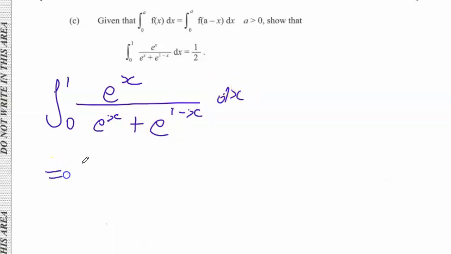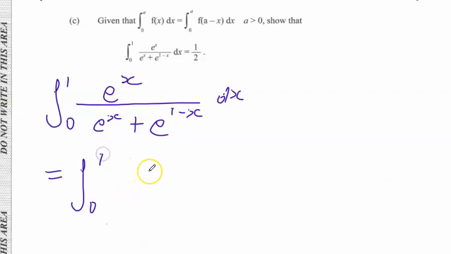Now, what we can do here is replace x with a minus x. What is a? The top limit. Here the top limit is 1. So we're going to replace the x with 1 minus x. So we're going to rewrite the problem.